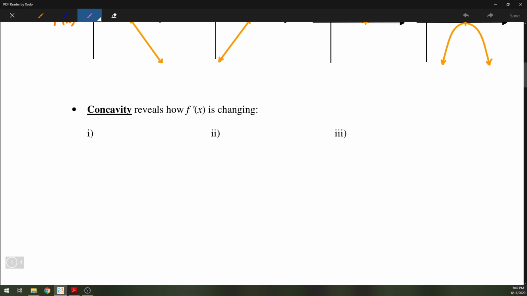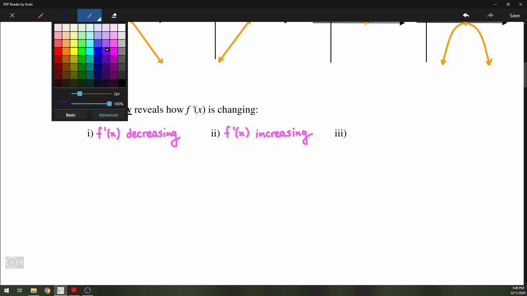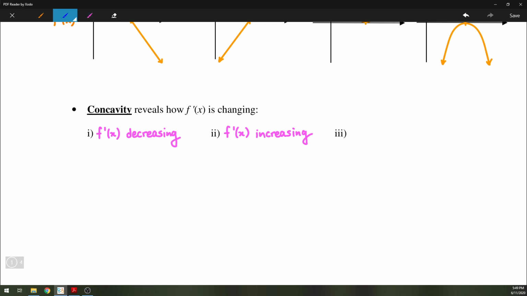So again, f prime of x is decreasing in the first case. In the second case, f prime of x is increasing. The first was a line with negative slope, the second was a line with positive slope. So what that tells us is that the second derivative in the first case is negative.